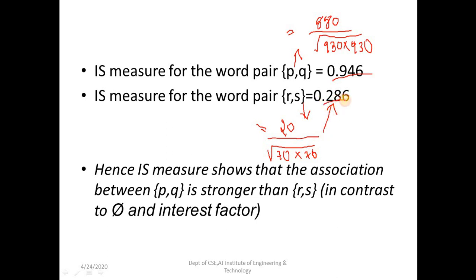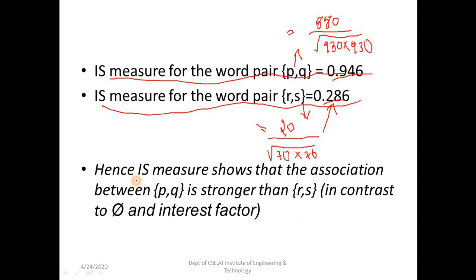So the IS measure for the word pair P, Q is 0.946 and for the word pair R, S it is 0.286. Hence the IS measure shows that the association between P, Q is stronger than R, S, in contrast to correlation and interest factor.